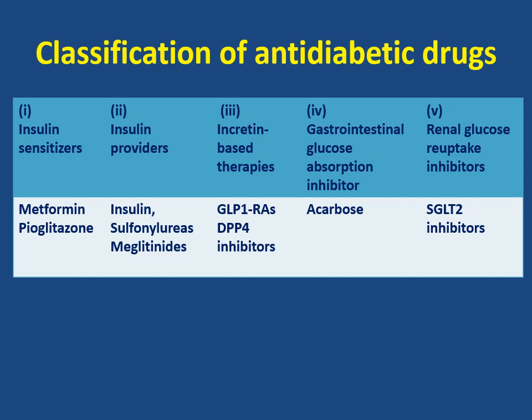The third category is incretin-based therapies, which include glucagon-like peptide receptor agonist or dipeptidyl peptidase 4 inhibitor. The fourth category is GIT glucose absorption inhibitor, which is acarbose. And finally, the renal glucose reuptake inhibitor, which are the sodium glucose cotransporter 2 inhibitors.